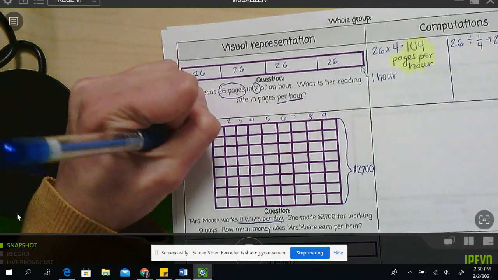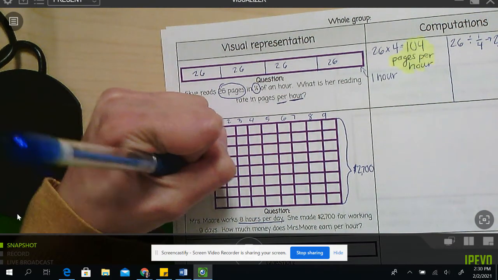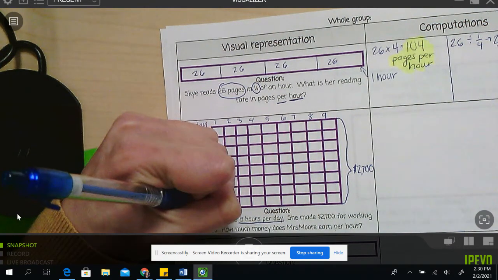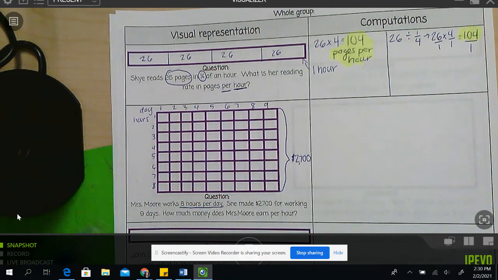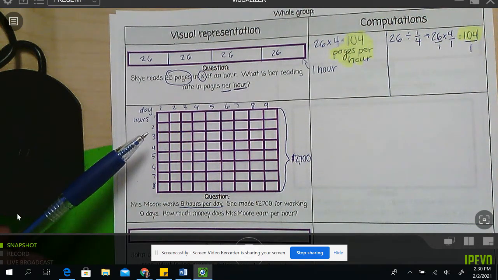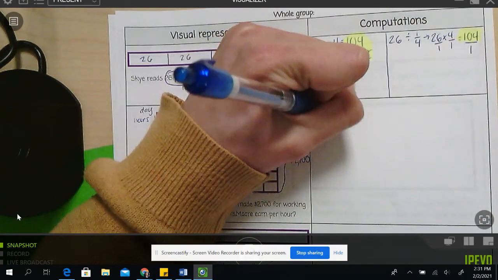So we have hours, and that's 1, 2, 3, 4, 5, 6, 7, 8. So really what we're doing here is taking the $2,700, dividing it by 9 days, then dividing it again by 8 hours per day.